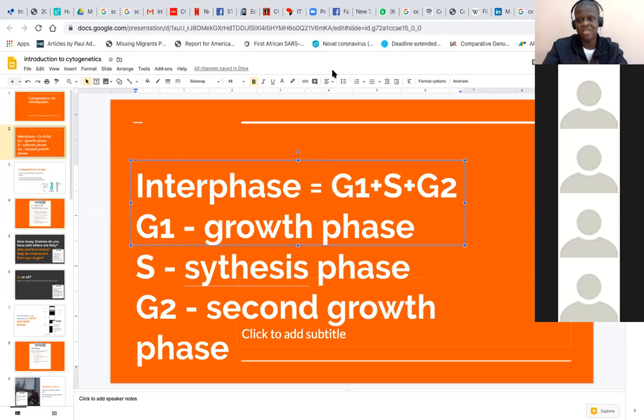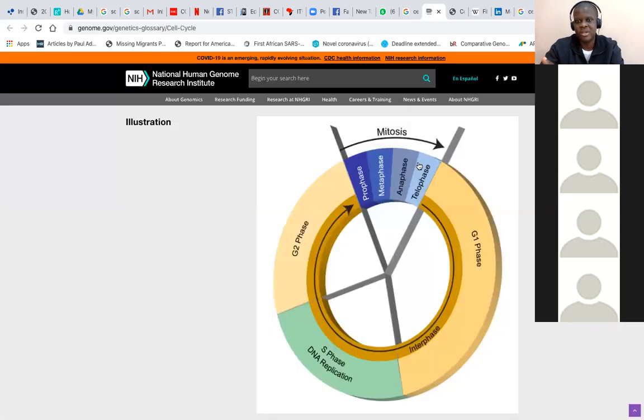Cells spend more time at the interphase stage than any other phase during their cell cycle. So in a nutshell, what you're looking at is an overview of the various phases involved in the cell cycle.